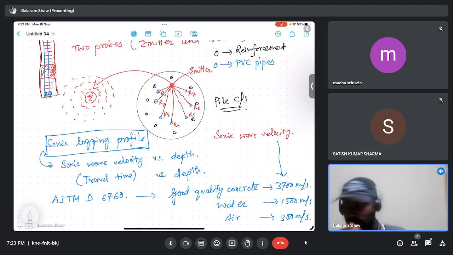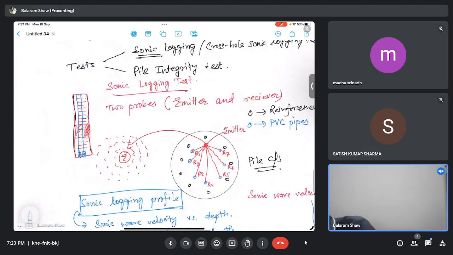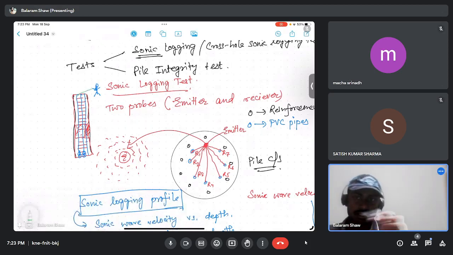So what I meant was, let us say here some guy is standing, and there are several tubes, in one of which the emitter is there. Let us color the emitter with green. So the green colored wire is the emitter.